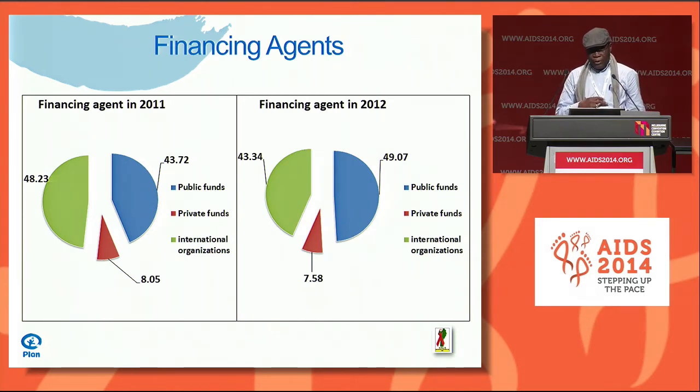In relation with the financing agent, between 2011 and 2012, the public fund increased also. There are international partners who give money to the government, and the government finances the activities. That is why there is that situation.